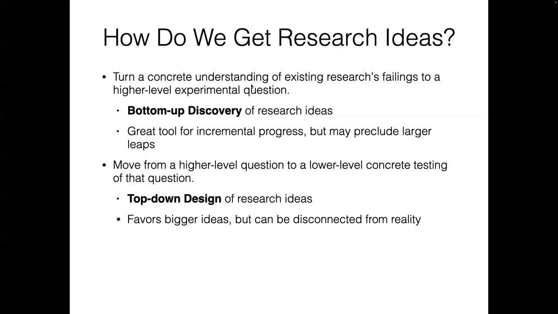For the first part, an example is that you could look at an existing system in NLP, say one that solves math problems, and look at the types of questions that it's failing on.